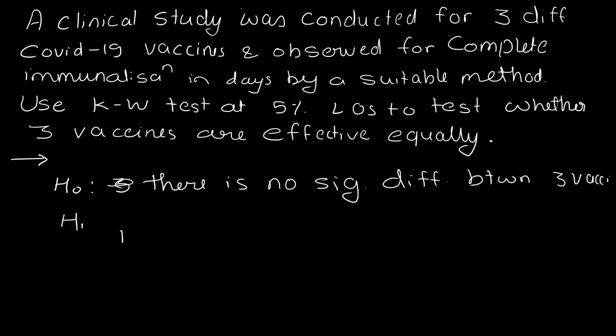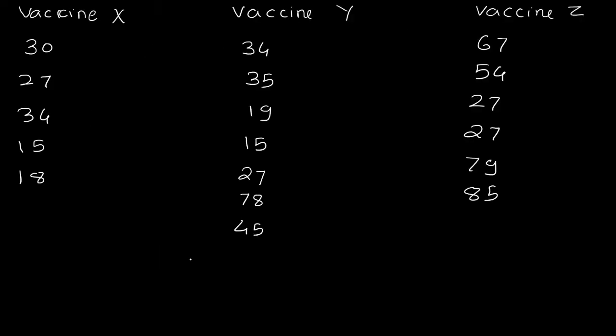The alternate hypothesis H1 is that there is a difference, and the level of significance has been mentioned in the question as 5%.